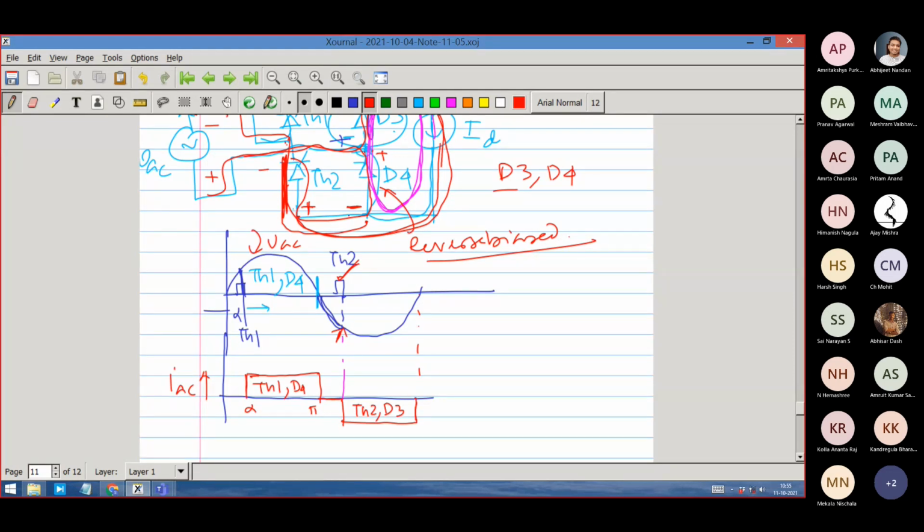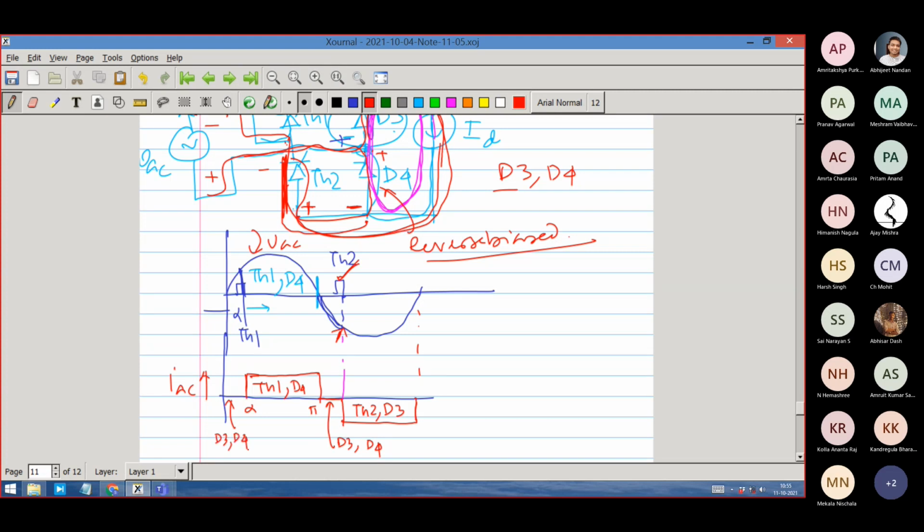So what are we seeing here? In this portion, who conducts? D3, D4. And in this portion, who will conduct? Again, D3, D4.